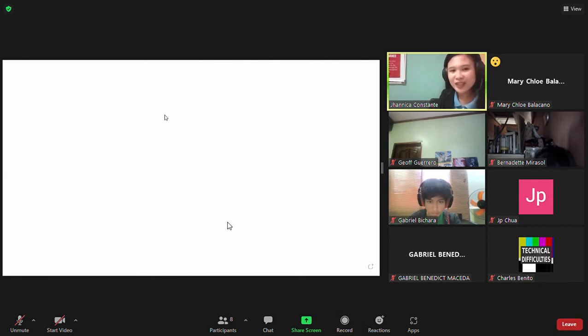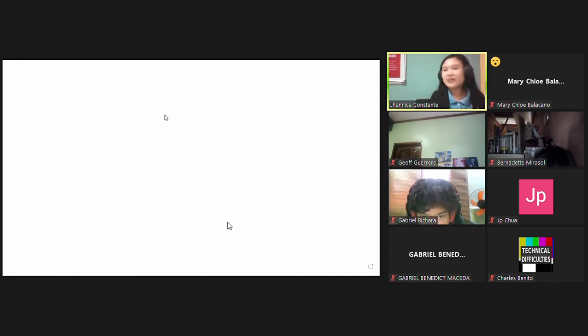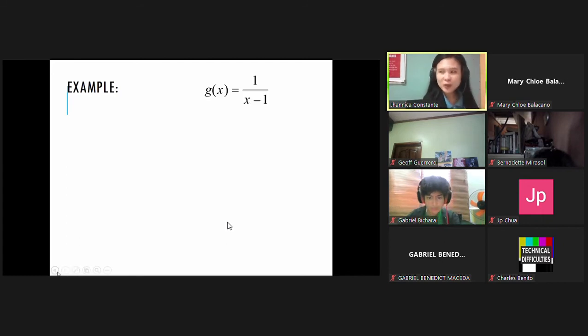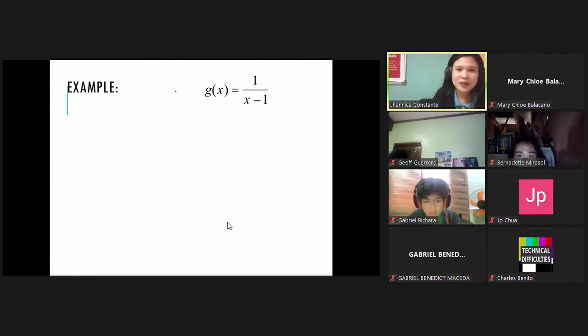Let's have another example. For example, we have this rational function, which is g of x is equal to 1 over x minus 1. So we're going to find the vertical, the horizontal, or are we going to have an oblique asymptote?